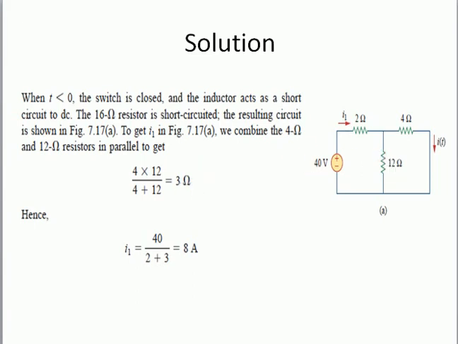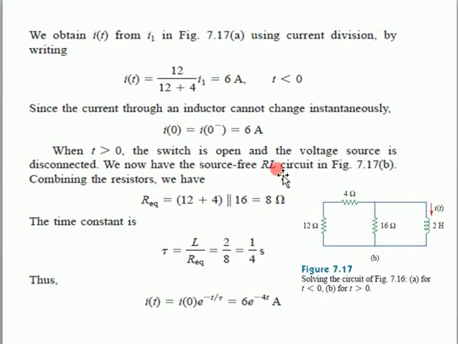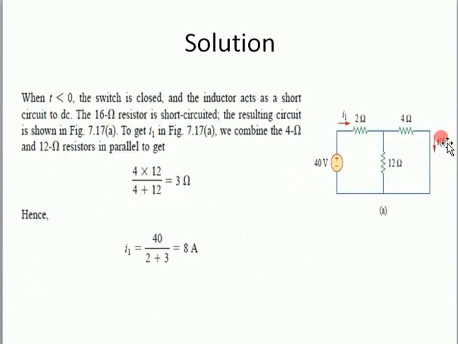What we have to basically find out is the value of i(t). So what is i(t)? This is i(t). Here the inductor was present, and now in this circuit i(t) is basically the current of this 4 ohm resistor.